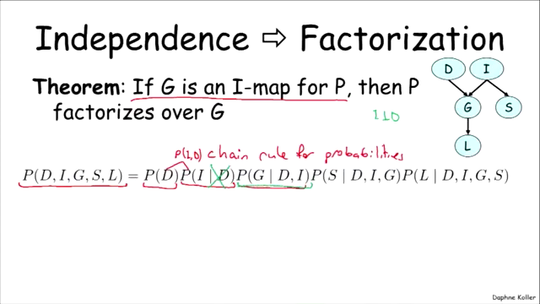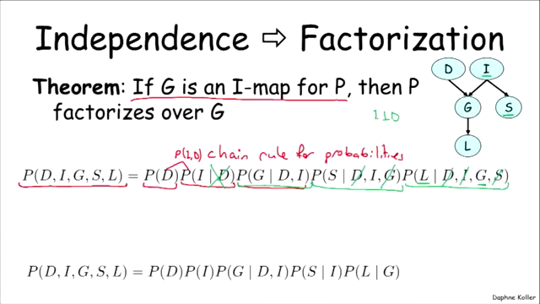The next term is actually already in the form that we wanted, so we don't need to do anything with it. But now let's look at the probability of S given D, I, and G. Here we have the probability of a variable S given one of its parents, I, and two non-descendants, D and G. We know that S is independent of its non-descendants given its parent I, so we can erase both D and G and just end up with the probability of S given I. Finally, we have the last term, the probability of L given D, I, G, and S. Here again, we have the probability of a variable L given its parent G and a bunch of non-descendants, so we can erase the non-descendants.